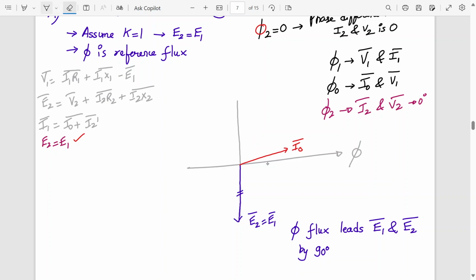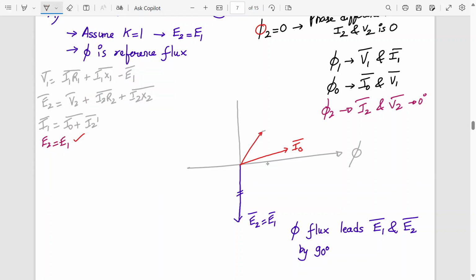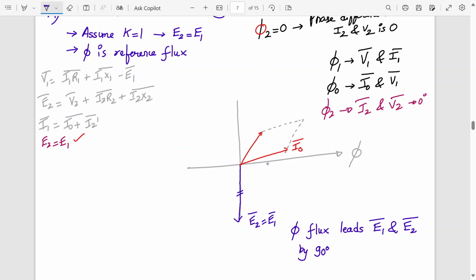Let's say it's over here, like this. Now how will you complete this? By parallelogram, right? So the resultant will be what? I1 bar. And this will be I2 dash.